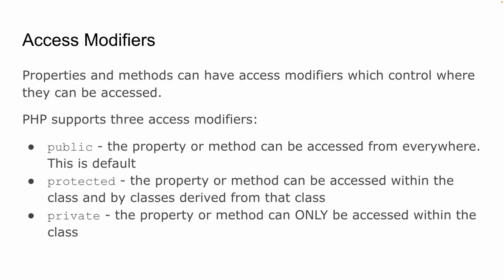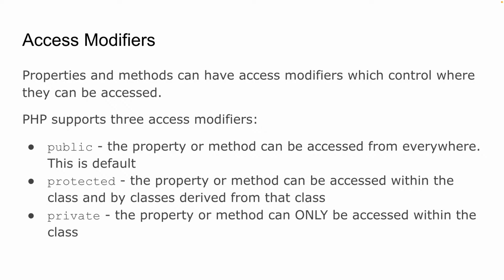We shall see inheritance in the next session, but for now, just understand the term protected, or the access modifier protected. Now the access modifier private will only allow the method or property to be accessed within the class. It cannot be accessed anywhere else.